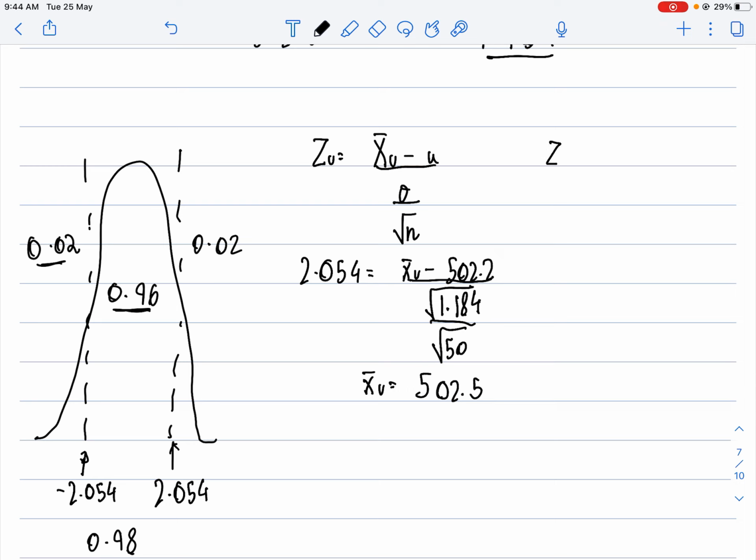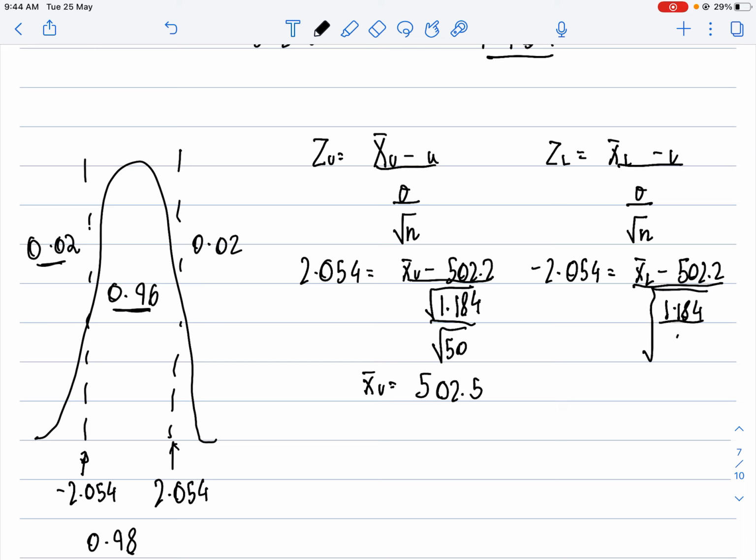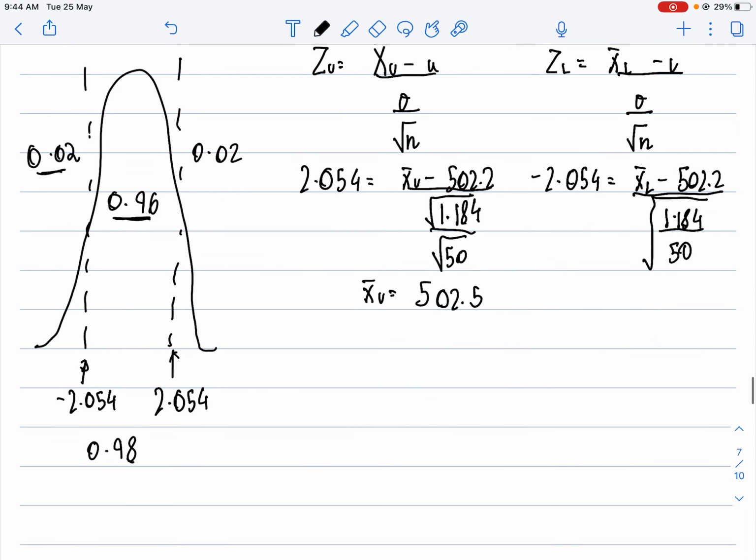Now for the lower z value, it equals the x lower value minus the mean over standard deviation over root n. So minus 2.054 equals the lower x value minus the mean, 502.2, over the square root of 1.184 over 50. Now I can solve this on the calculator, and I add 502.2 to it.